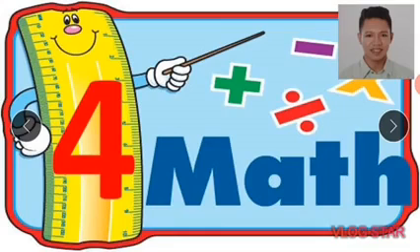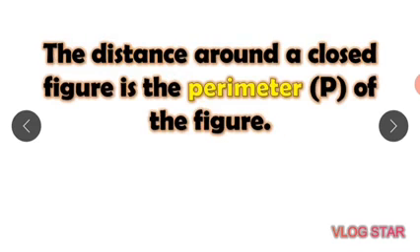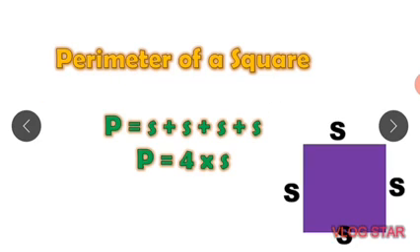Understanding perimeter of polygons. When you say perimeter, this is the distance around a closed figure. For example, the perimeter of a square. We define perimeter as the distance around a closed figure.